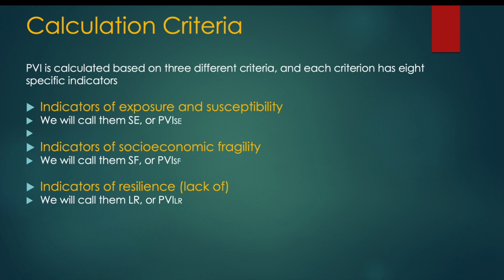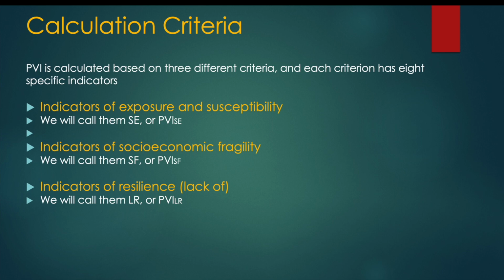The first criterion is the indicators of exposure and susceptibility. We will call them ES, S for susceptibility and E for exposure, and being part of the PVI calculation, we will denote this as PVIES.